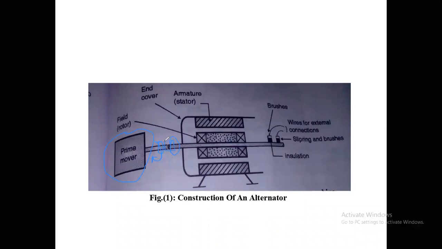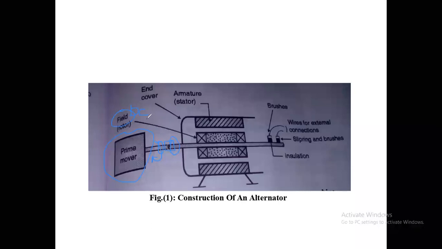When the prime mover rotates, automatically our rotor inside rotates. This rotor is nothing but our field winding, which is supplied with an external DC supply.